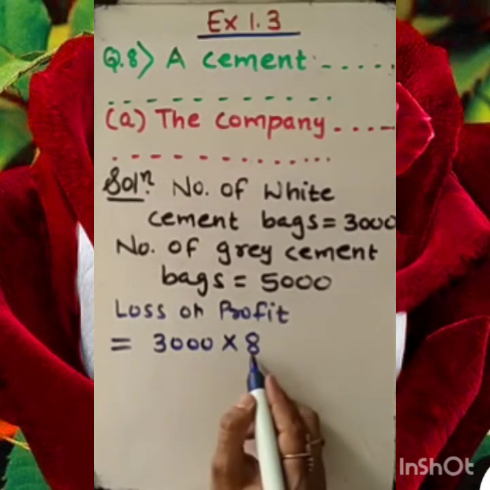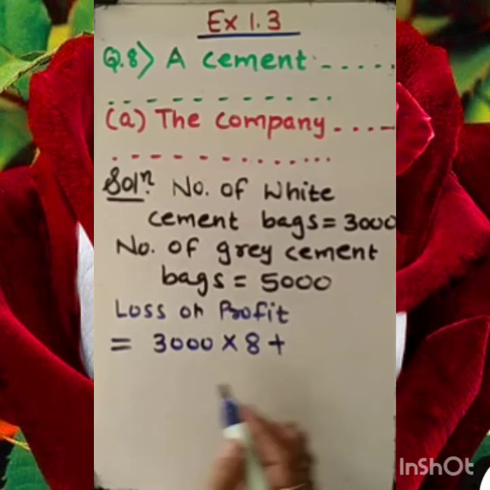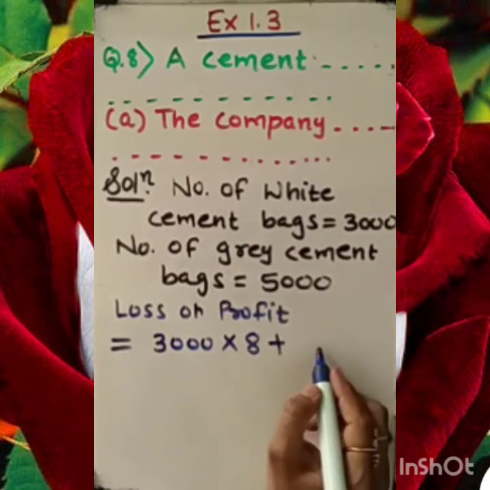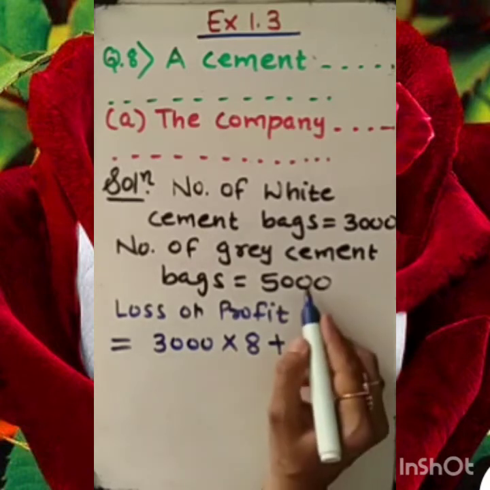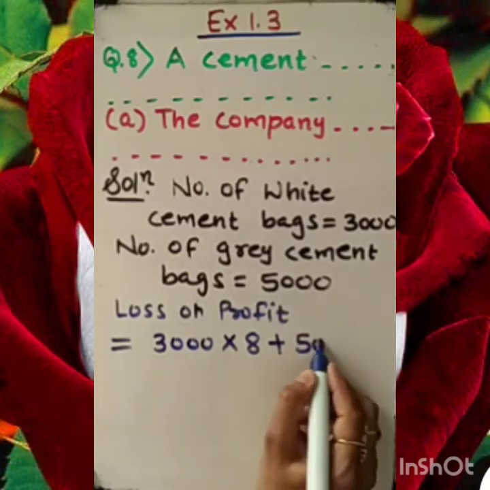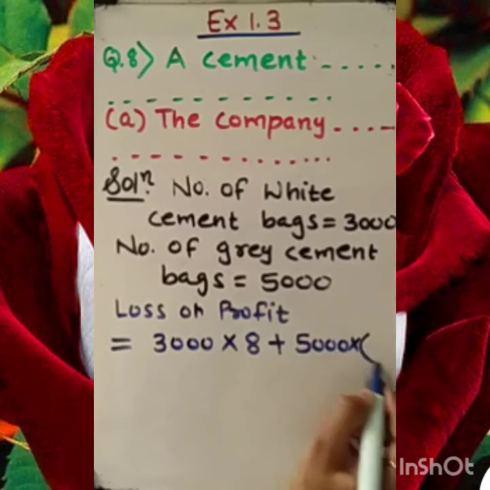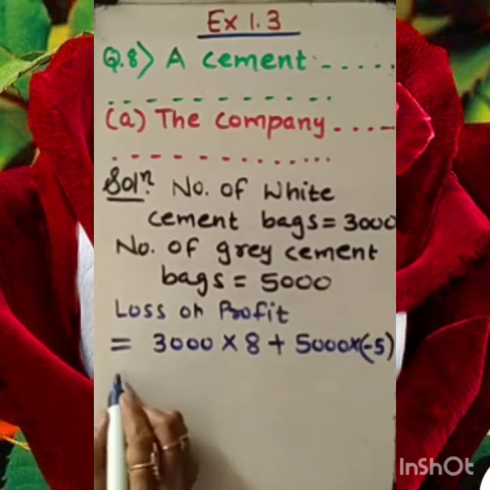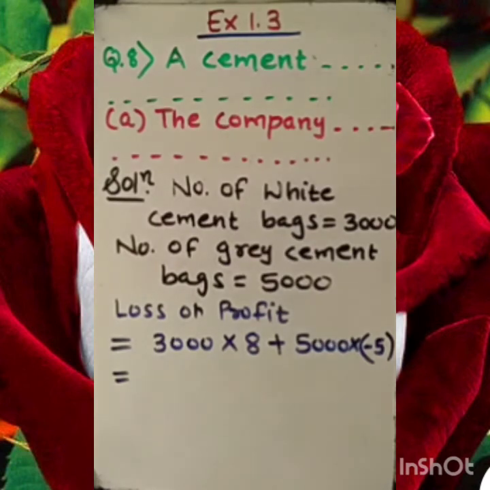Plus, here we are given 5 rupees per bag, and 5,000 bags are there, but here it is minus 5, because as I told you, loss we calculate with minus.